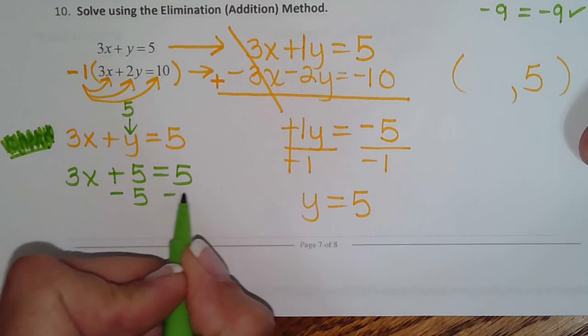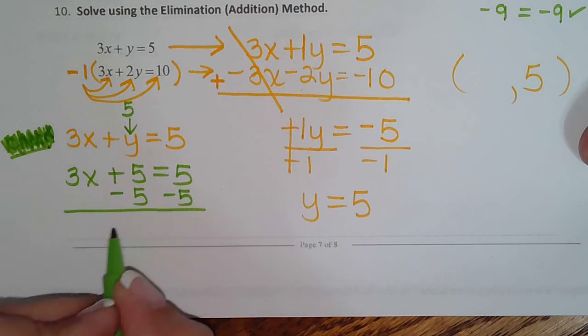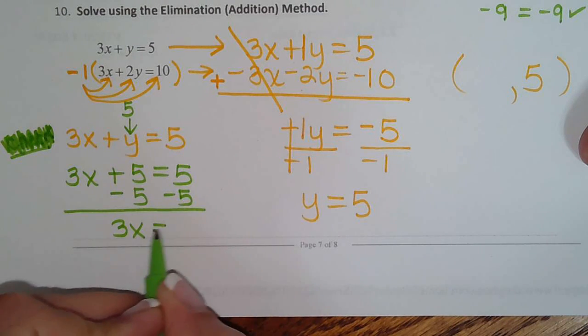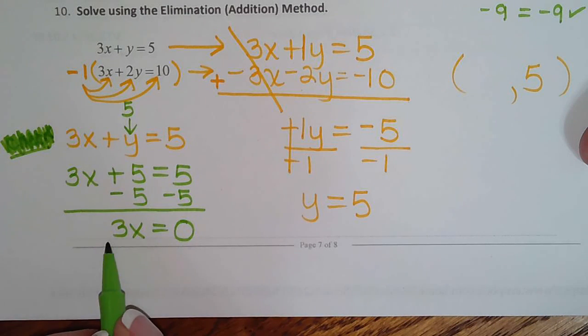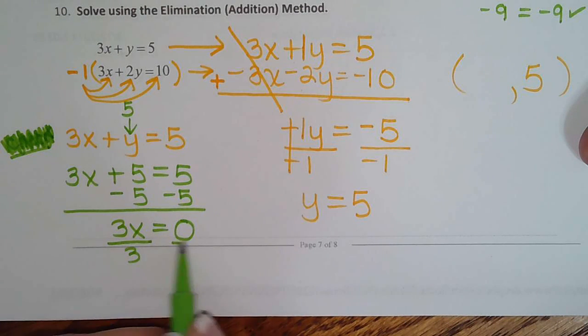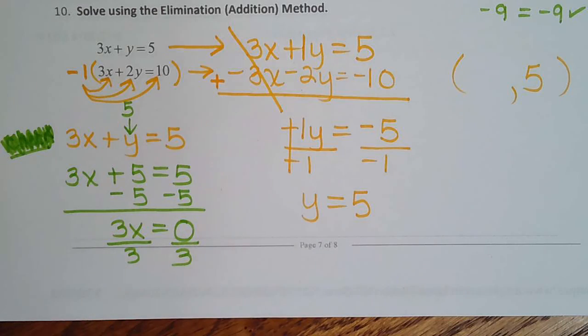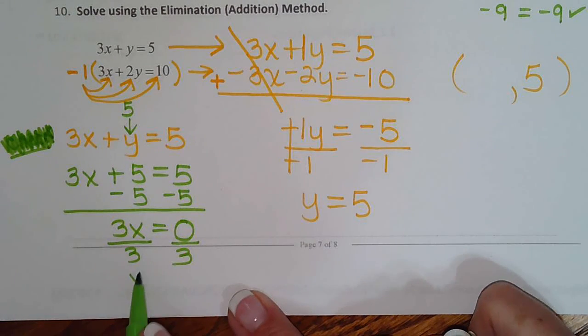So subtract 5, we get 3x equals 0. What's the opposite of times 3? Divide by 3. Another common mistake on ones like this is students go, oh, there's a 0. This is no solution. No, it's not no solution. This is x equals 0.